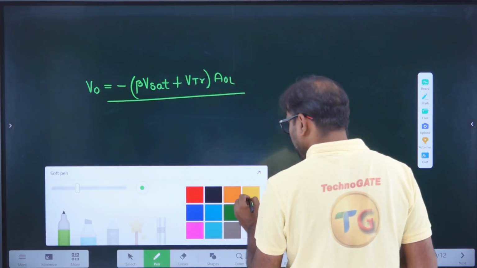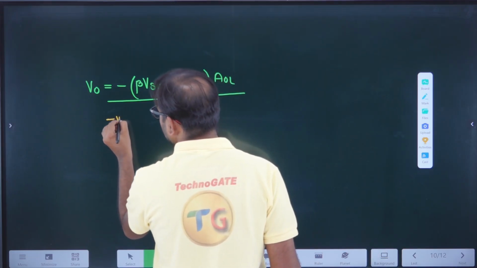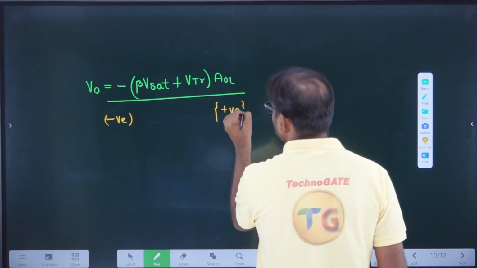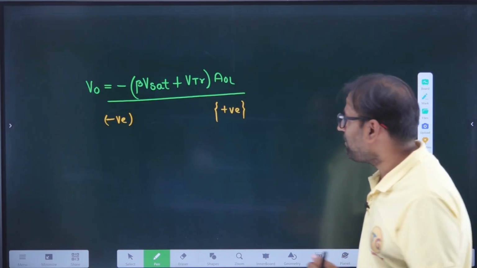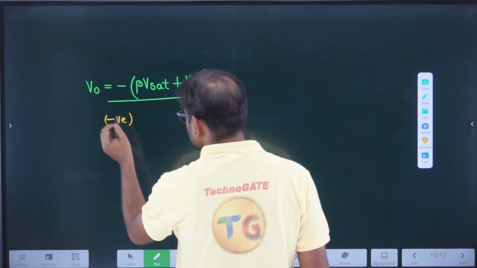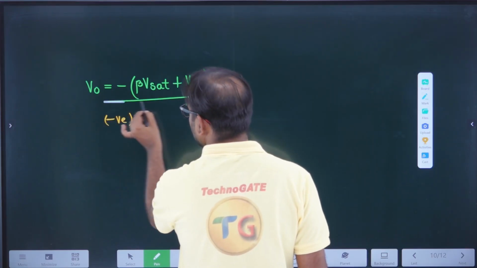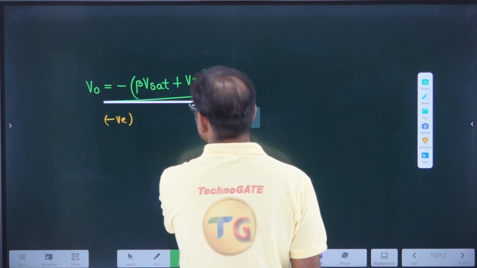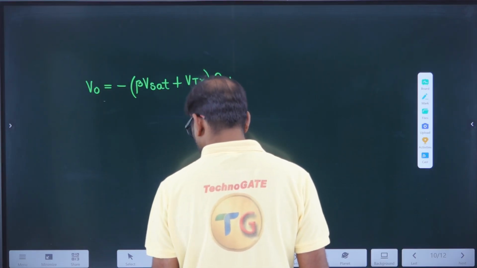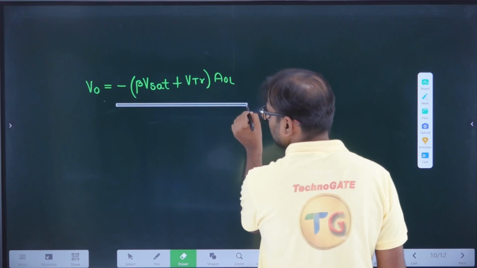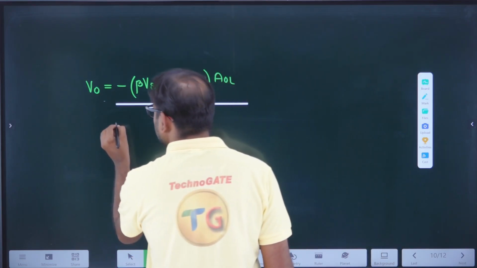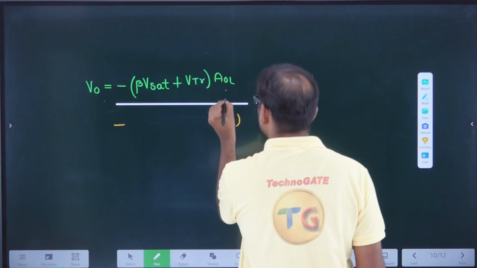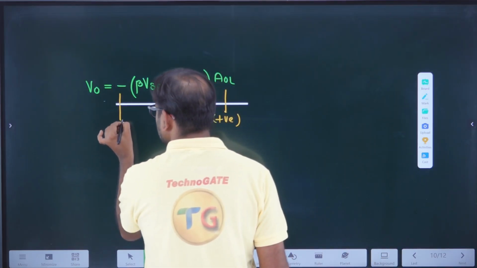Now can I say, we are having one negative number here, and as we know, open loop gain is infinite, meaning always a positive number. Let me draw it again. What I am saying is, if this number is negative, this number is positive, AOL is always a positive number, and this sign is negative.